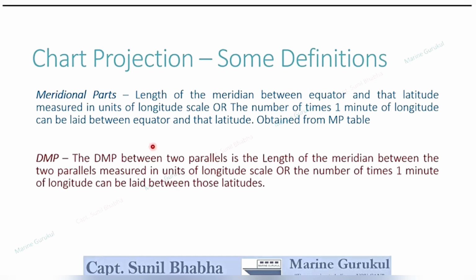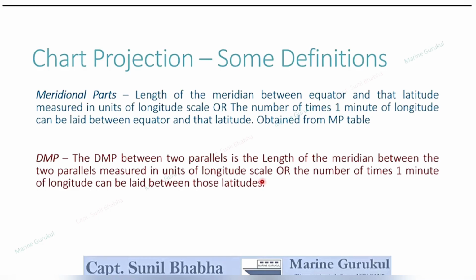Now moving on to the second definition, that is DMP. It is difference of meridional parts. The DMP, or difference of meridional parts, between two parallels is the length of the meridian between the two parallels measured in units of longitude scale, or you can have a different wording again, as we had in meridional parts.